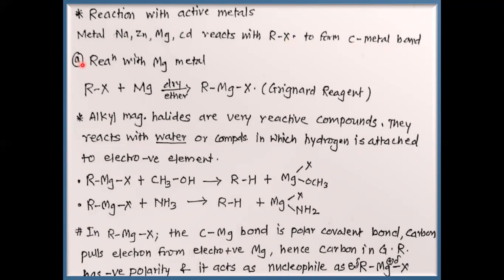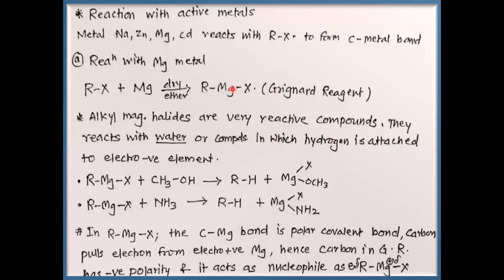First, reaction with magnesium metal. An alkyl halide reacts with magnesium in the presence of dry ether as a solvent. So RMgX, this alkyl magnesium halide compound, is obtained.